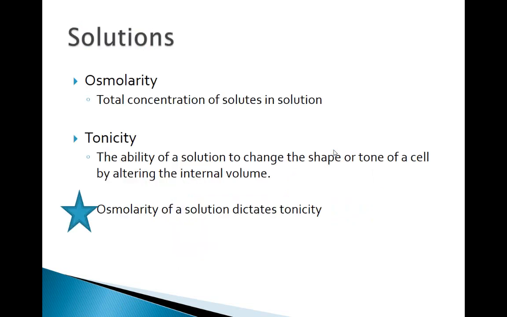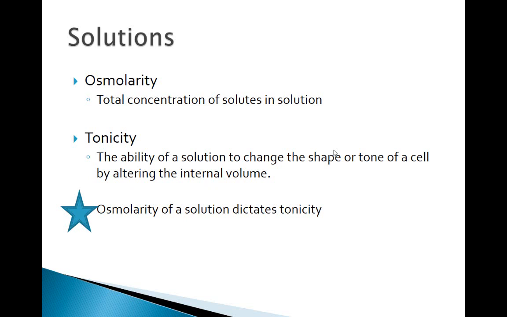Osmolarity is the total concentration of those solutes in the solution, and this osmolarity can change the concentration of the solutes. This osmolarity, the total concentration of solutes in the solution, can change the tonicity of the cell, and the tonicity of the cell is the shape or tone of the cell.